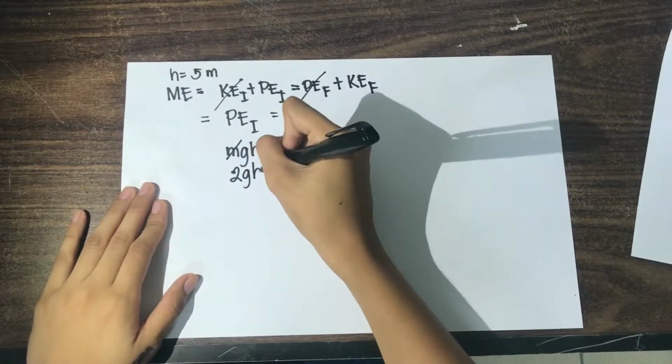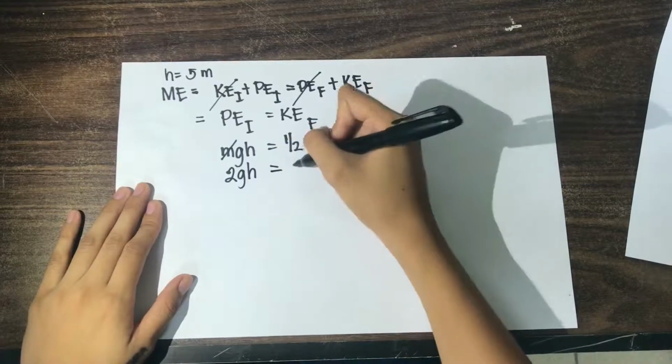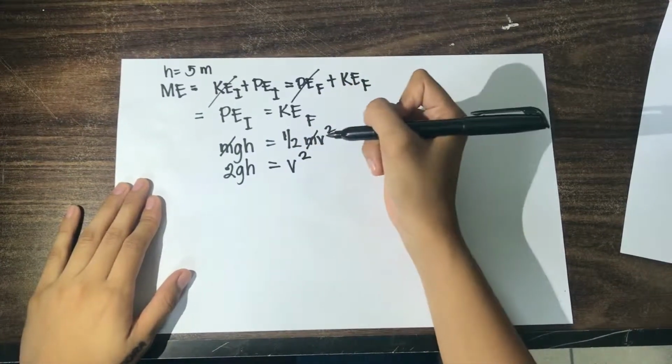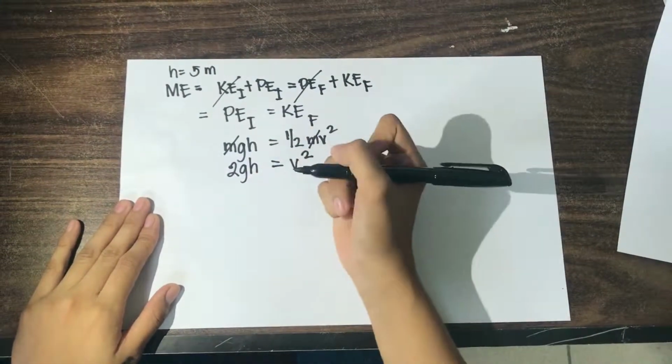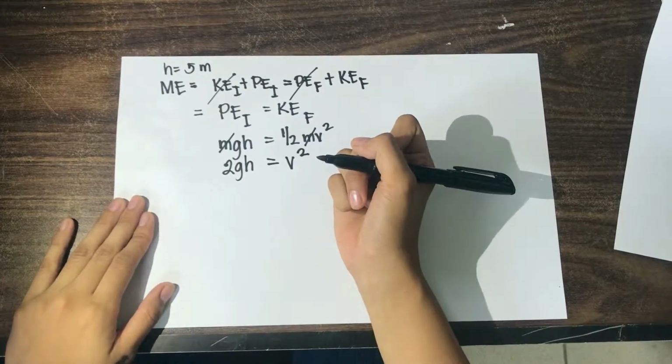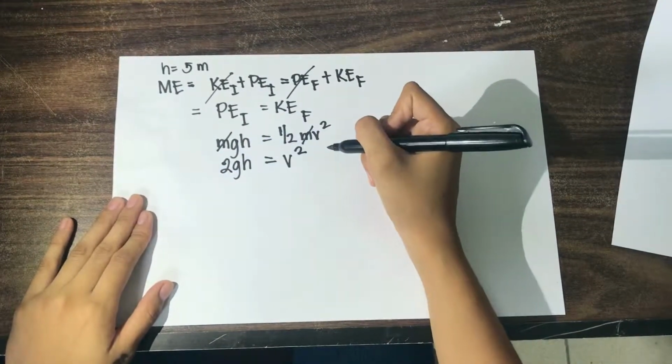It will become 2gh equals velocity squared. Next, put a square root on both sides to cancel the square.